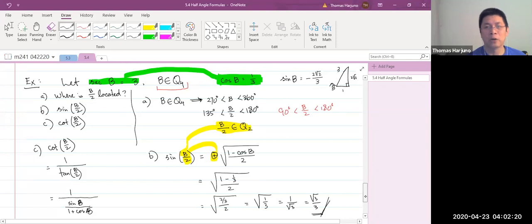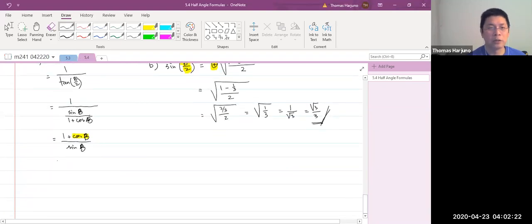Okay, that's what I will use here. This is then equal to 1 plus 1/3 over negative 2 radical 2 over 3.